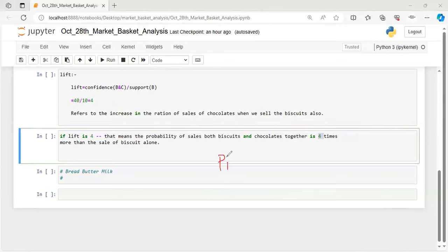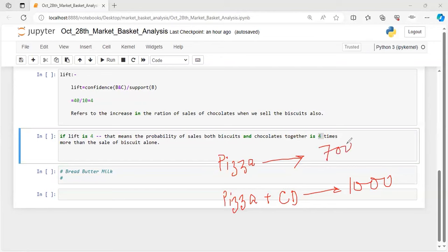Pizza alone will always be high, pizza plus cold drink will always be less. Naturally it will be more.